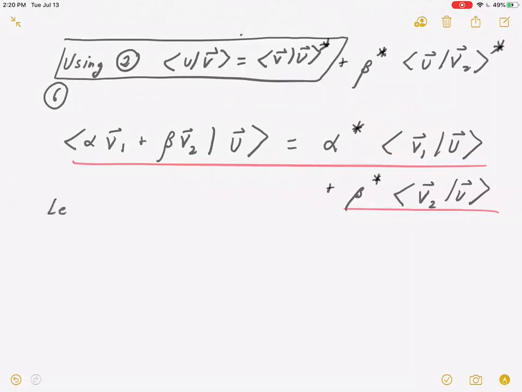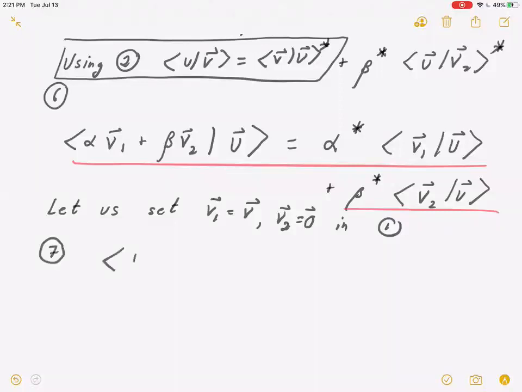Okay. So I want to discover some new properties of the inner product. So let's go through the following exercise. Let us set V sub 1 equal to V and V sub 2 equal to the 0 vector in equation 1. So equation 1 now becomes the inner product of U with alpha times V. And what happens is that alpha gets pulled out of the bracket.